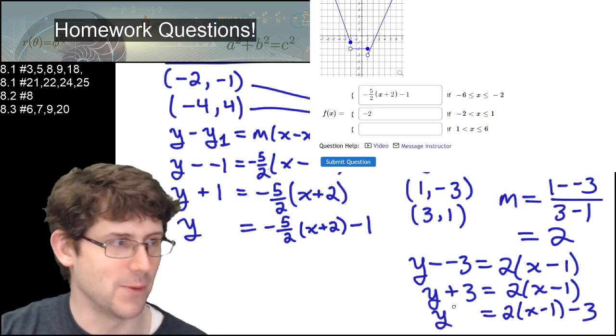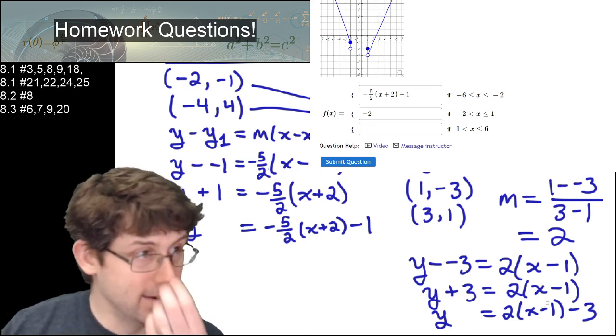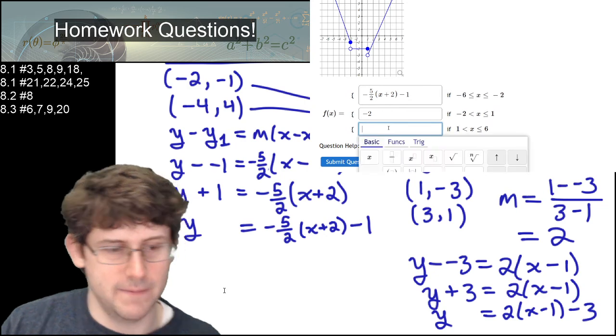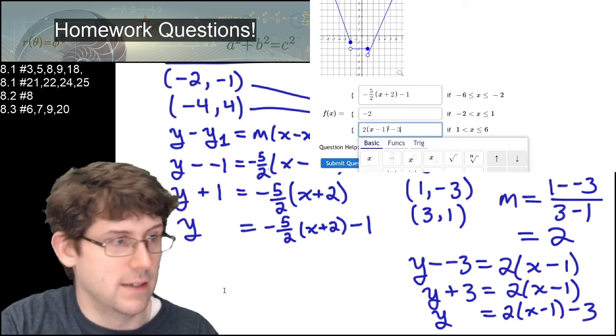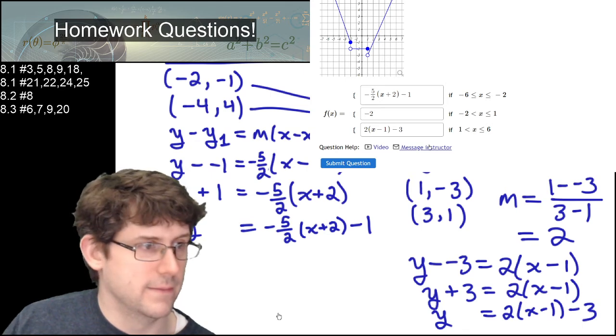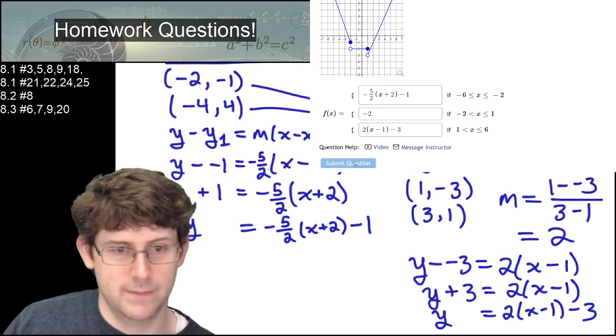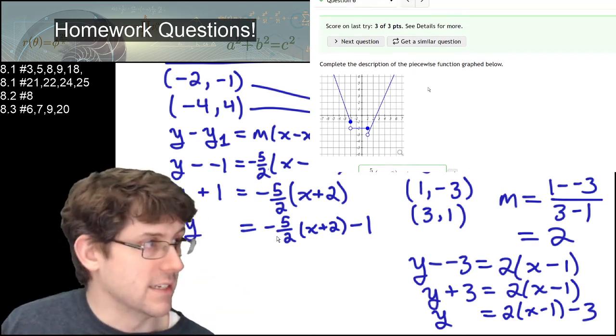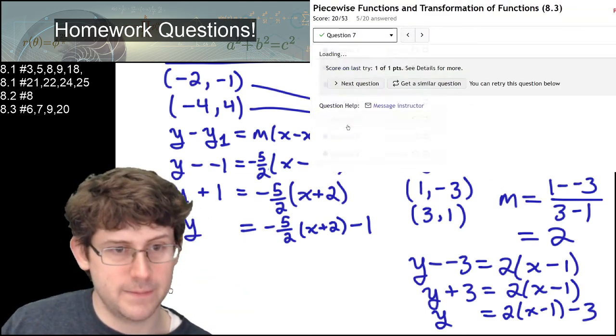I just need to solve for y. So the last rule here is that y is 2 times (x minus 1) minus 3. That's number 6.